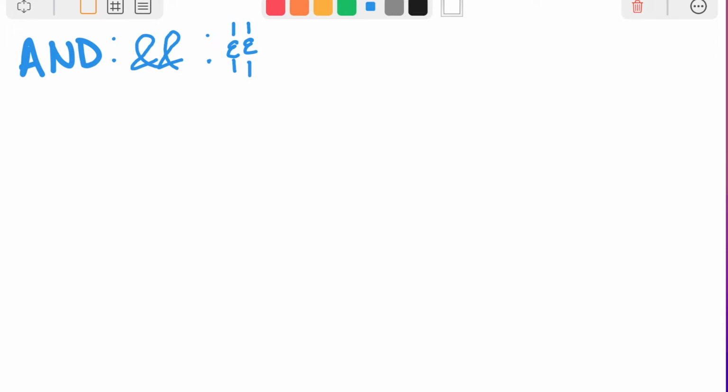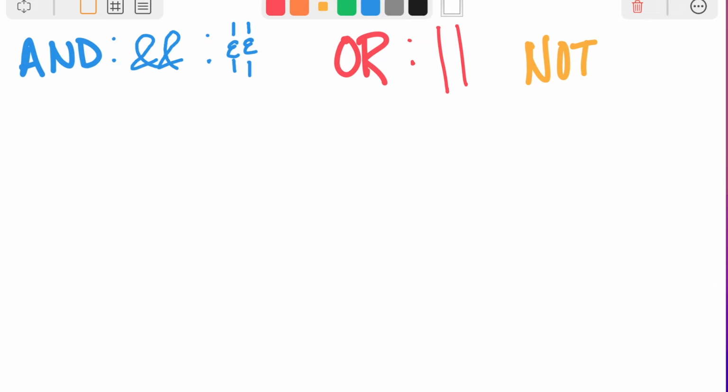So that's the first one. The next one is an OR, and that is represented with 2 lines. And the last one is NOT, and that is represented with an exclamation mark.